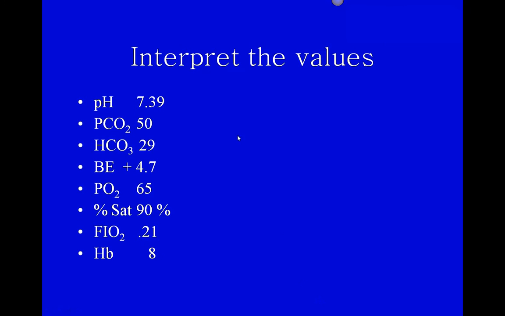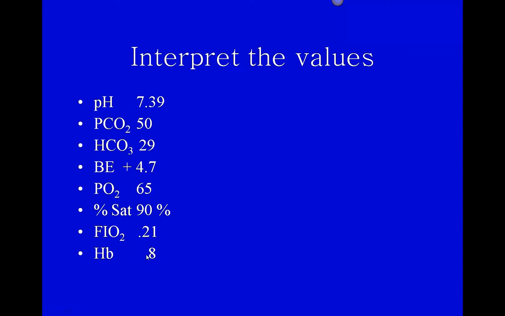So let's practice. To do that, let's do oxygenation. We said we look at the PO2 if it's less than 60 or if the SAT's less than 90. So we have a patient who is not hypoxemic and they're breathing room air. We said we'd also look at their hemoglobin.